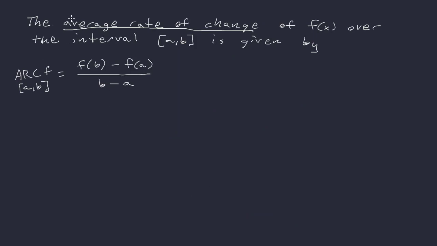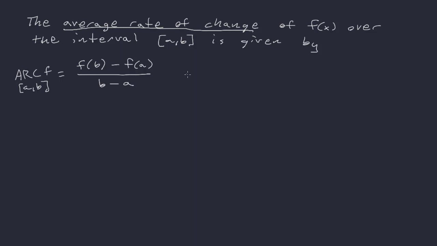Okay, so if you remember, the average rate of change of f of x over the interval a to b is given by this formula here. I use this notation, the arc of f over a to b. That's just my own notation there. But it's f of b minus f of a all over b minus a.